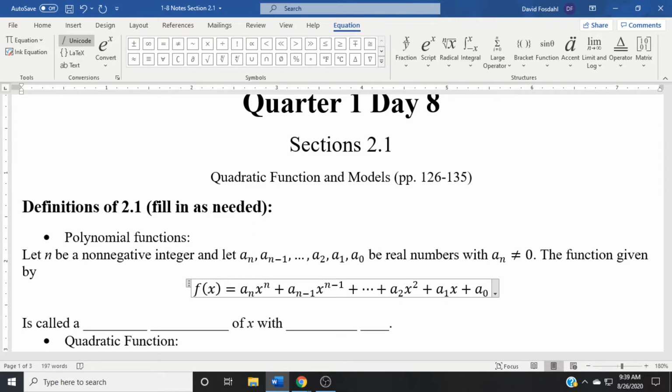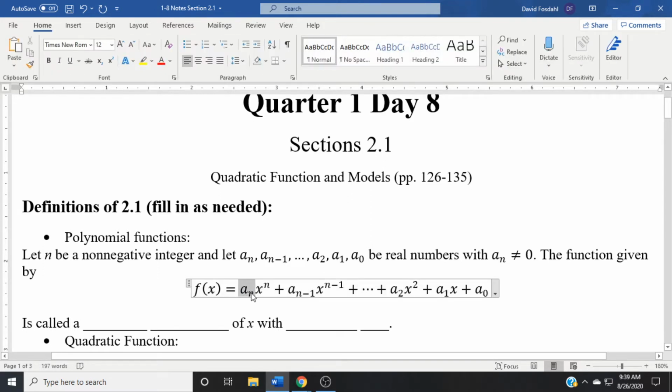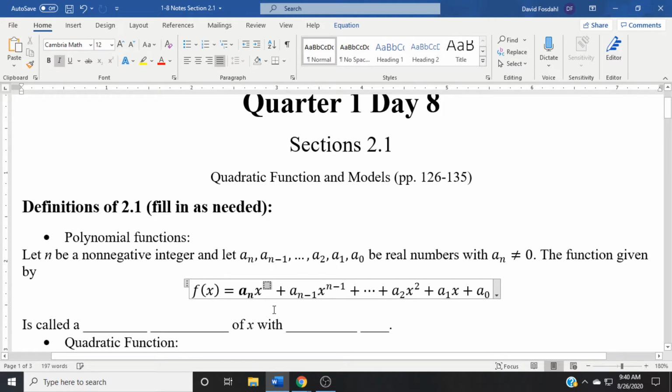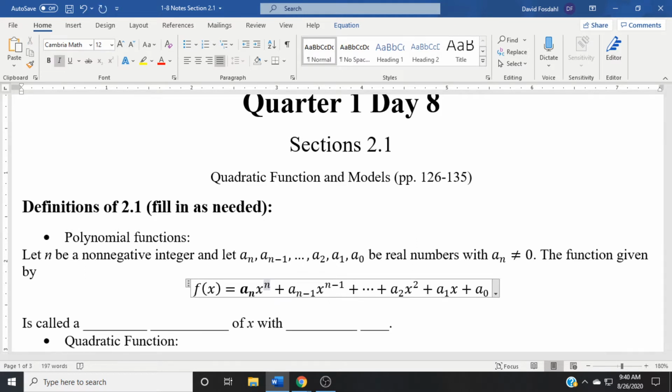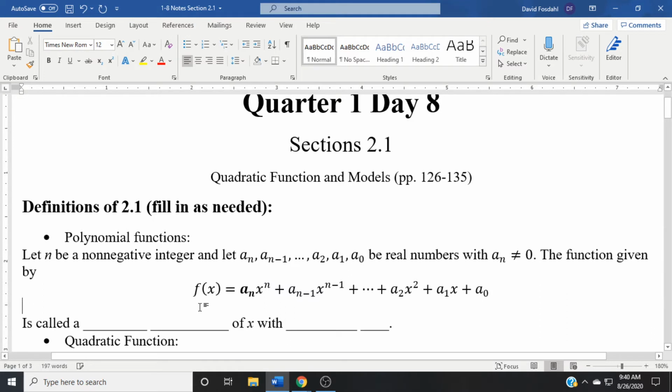Now, crucial points. Those of you who are listening, this is our leading coefficient right here. I'm going to bold it. Leading coefficient. And that n right there is the degree of our polynomial. So n is the degree of our polynomial, and a sub n is the leading coefficient.